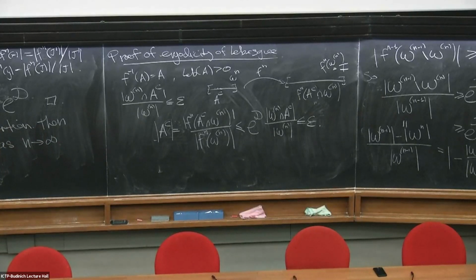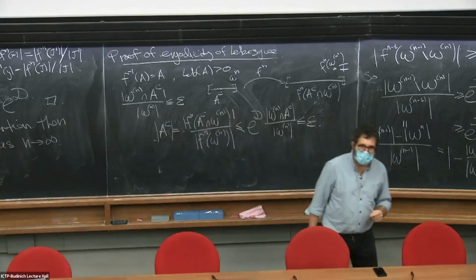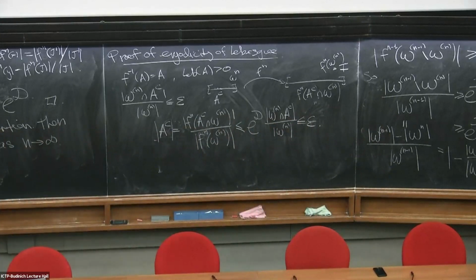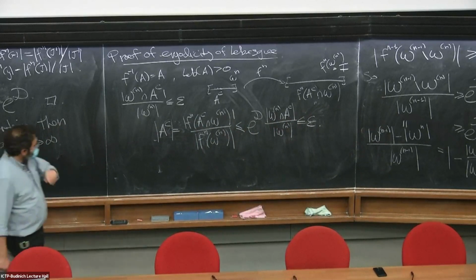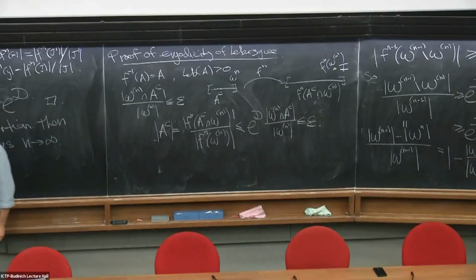Oh, I see this one here. You're right. You're right. Thank you, Mokshin. So technically, I cheated a little bit, yes, because I stated this lemma for intervals, and I'm applying it to measurable sets. So you're right. We need to justify the fact that this extends to measurable sets also.